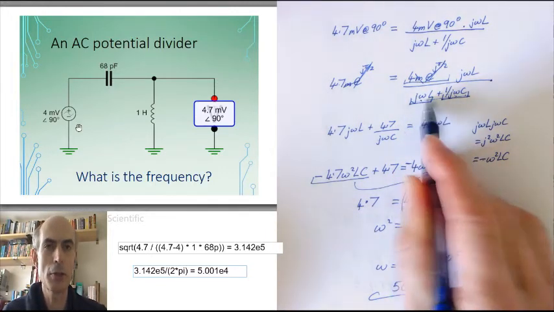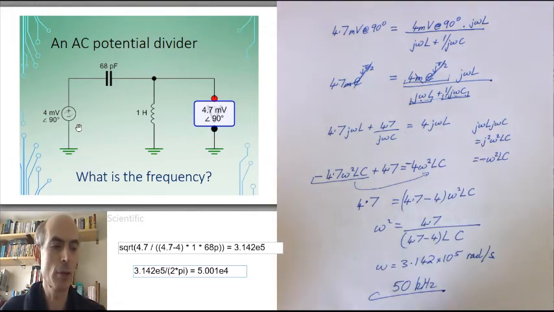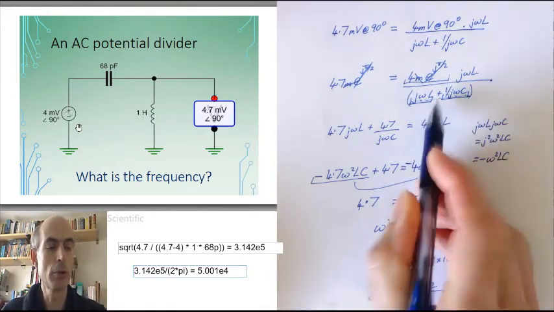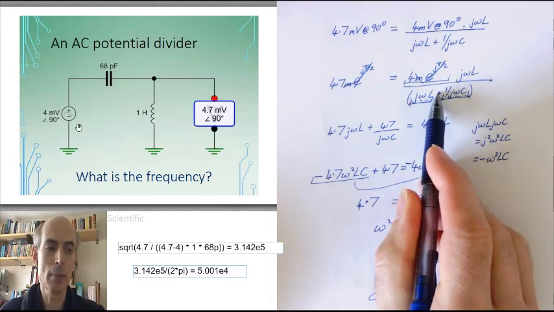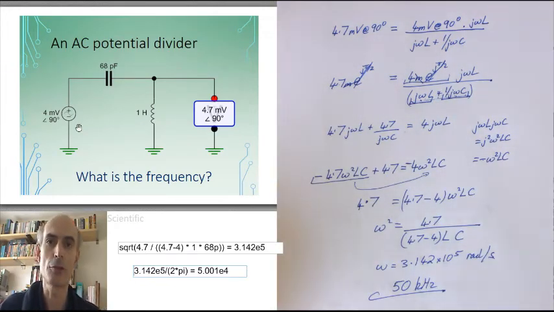They are, to some extent, cancelling each other out, and you end up with quite a small denominator in this expression. And you can get quite large voltages out of potential divider circuits like this.